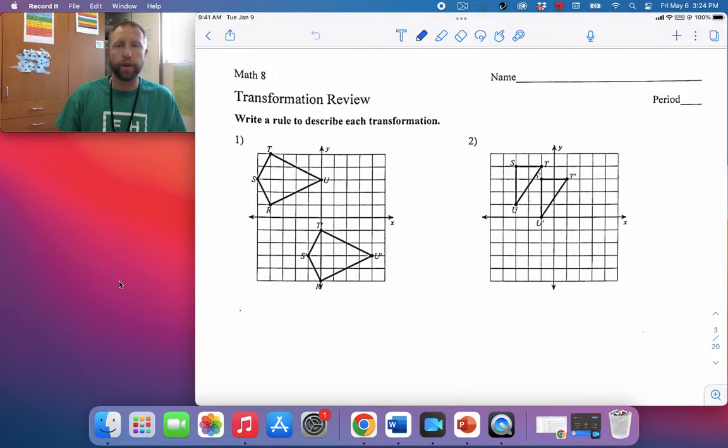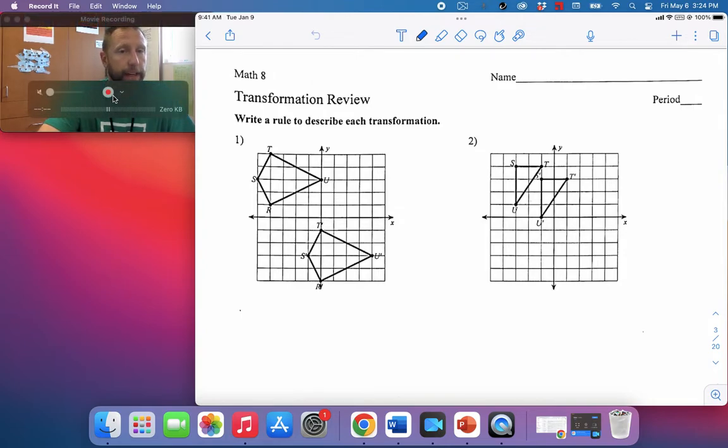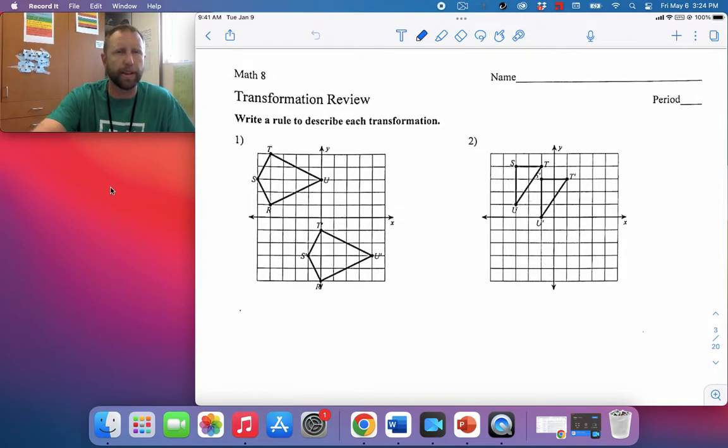To begin with, for number 1 and 2, it says write a rule to describe each transformation. When I look at this, remember there is the pre-image and the image. The pre-image is the letters that are just normal letters. And then the image, what happens after we do the transformation, has the apostrophe. We call that the prime symbol.